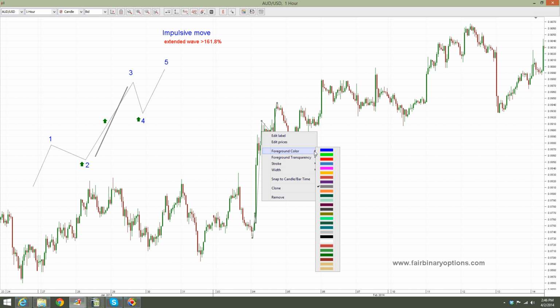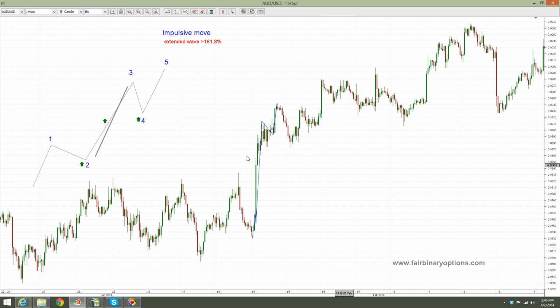Let's actually change the color for the move so that we can identify it there and here. And this would be the first wave. This would be the second wave. This would be the third wave.